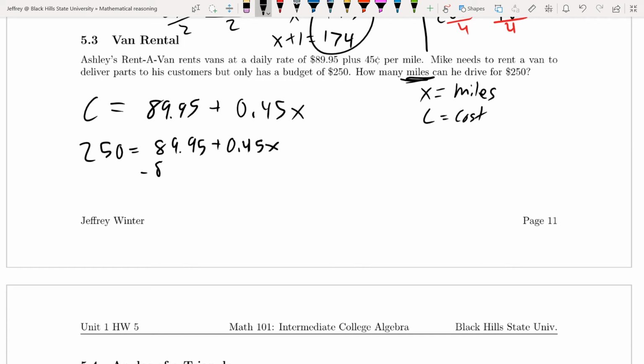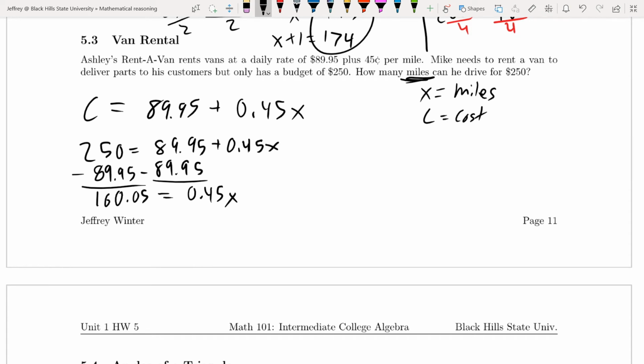So we're going to subtract $89.95. 250 minus $89.95 is $160.05. So we have 160.05 equals 0.45x.